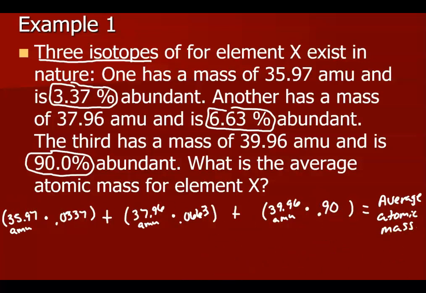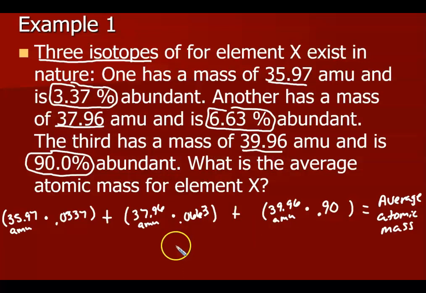Those of you that don't have a graphing calculator, make sure you're not doing any rounding until the end. We want to round at the very, very end. And as far as how you round, you're going to look at your masses. And because we're adding, it's decimal places. And so if we look at our masses, that one goes out 2, that one goes out 2, and this one goes out 2.